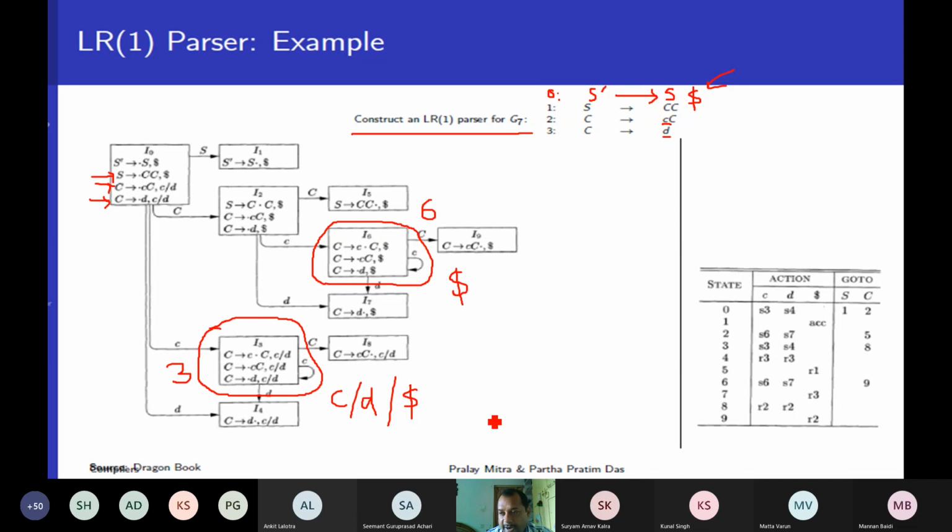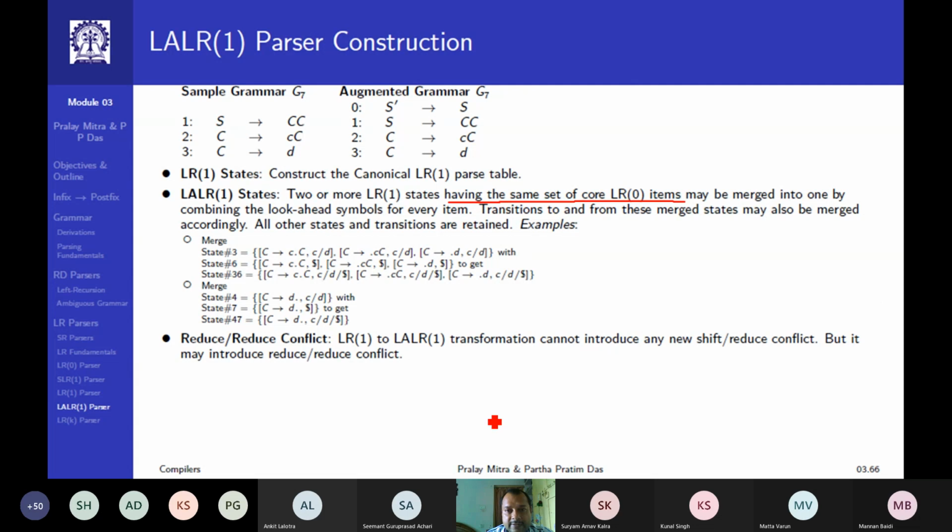So if the lookahead is C or D or dollar, then I can have this set of items. Going to the next slide. That is what is suggested in the construction of LALR1 states.